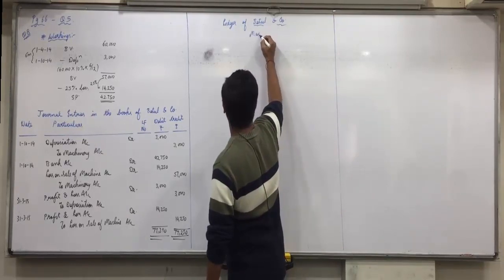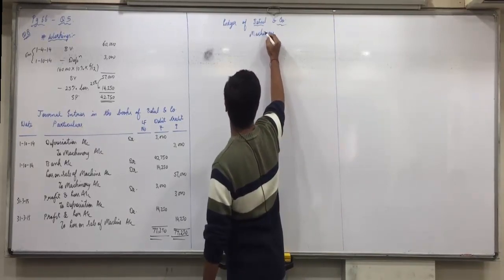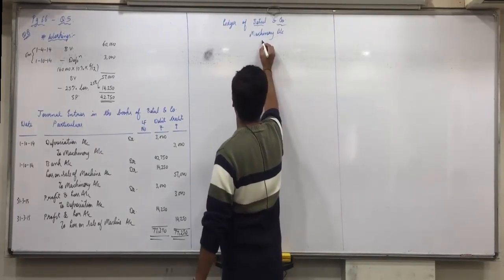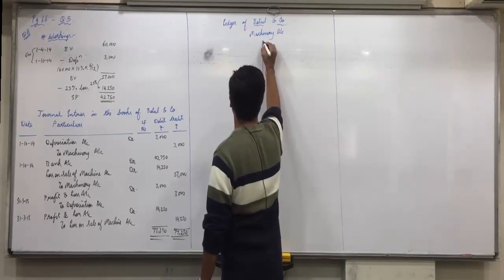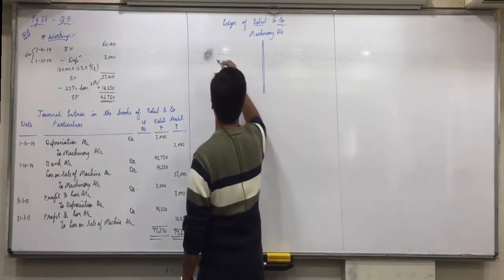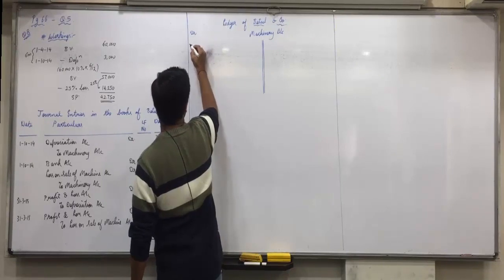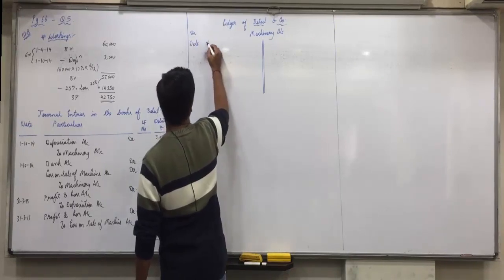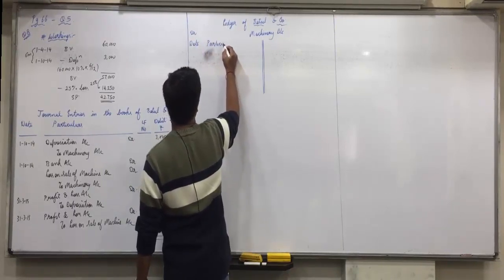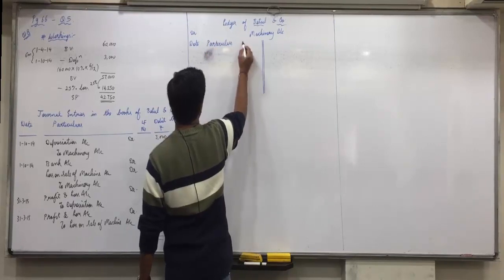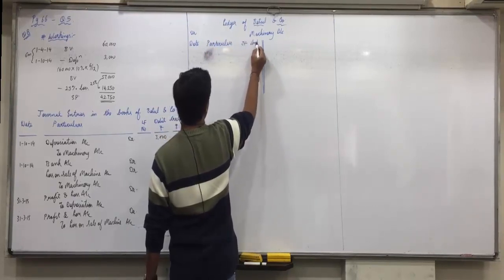Now, machinery account is asked. I discussed earlier also, if journal is passed, then ledger account you always make from journal entries. Put your pens down, I'll explain you, then you can continue. It's a very simple one.